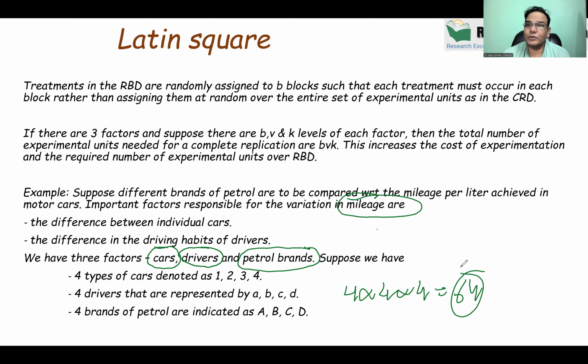So there are 64 combinations, like पहली कार, पहला ड्राइवर, पहला पेट्रोल ब्रांड, पहली कार, पहला ड्राइवर, दूसरा पेट्रोल ब्रांड. So it is very difficult to make 64 groups. So we have to design in such a way that maximum possibilities are covered. कैसे?